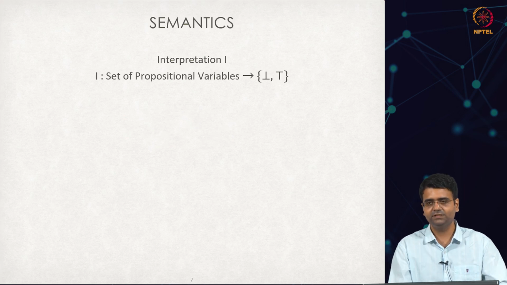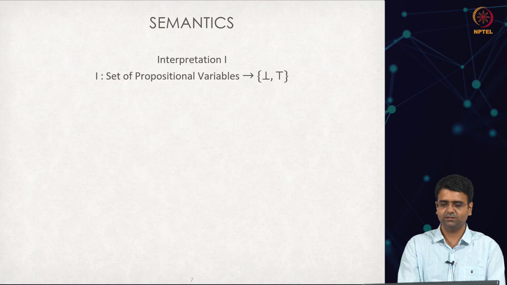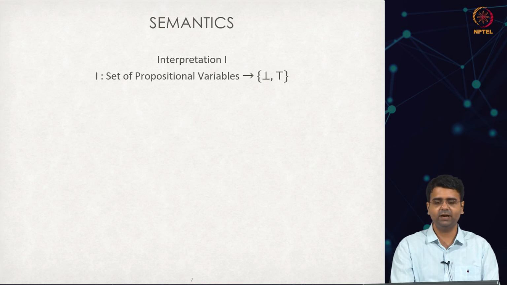So far we have seen the syntax of propositional logic formulas, but let's now try to understand the semantics. Semantics is what gives meaning to propositional logic formulas. A formula by itself doesn't have any meaning, but using an interpretation we can give a meaning to the formula. The meaning of the formula means: is the formula either true or false.